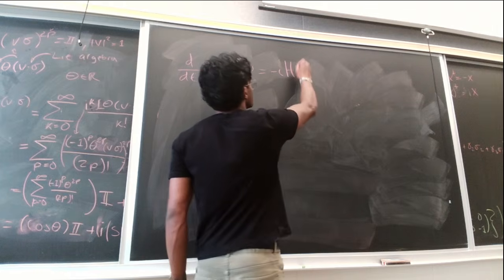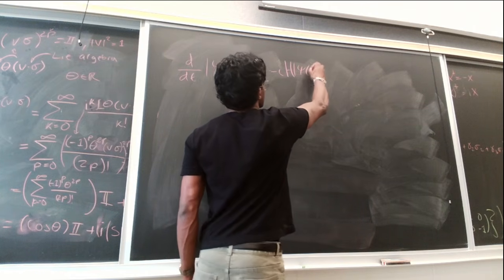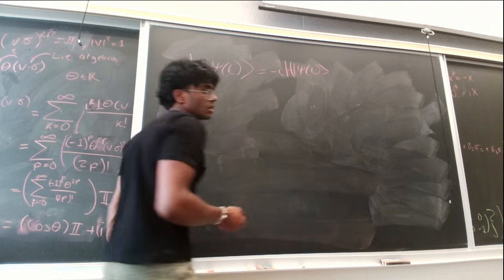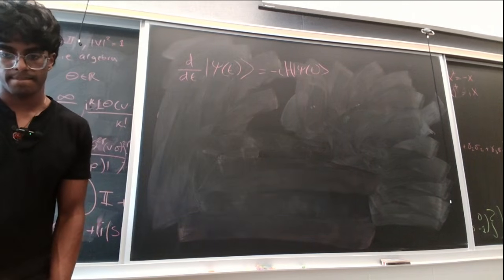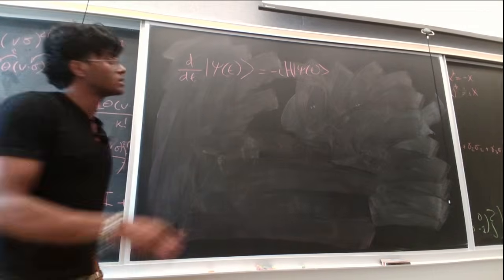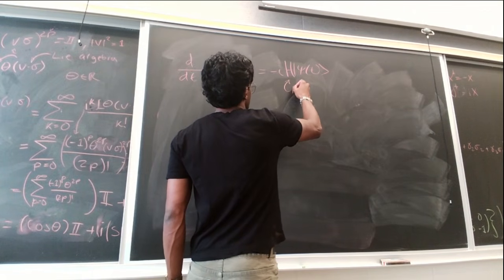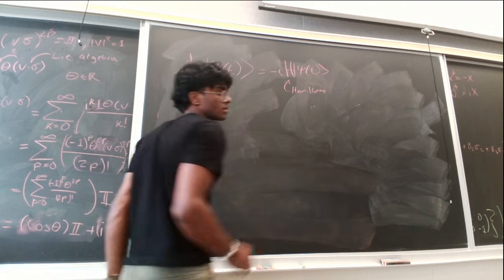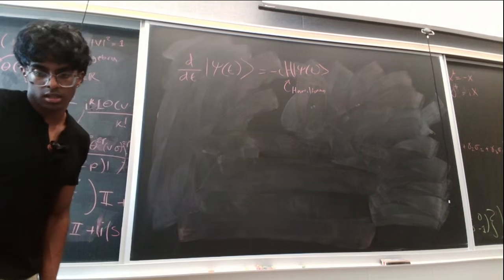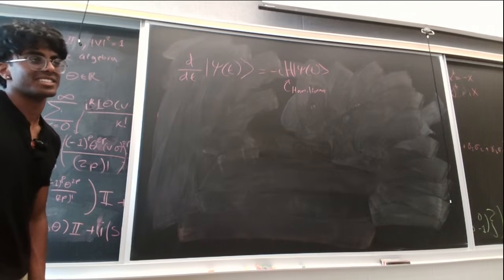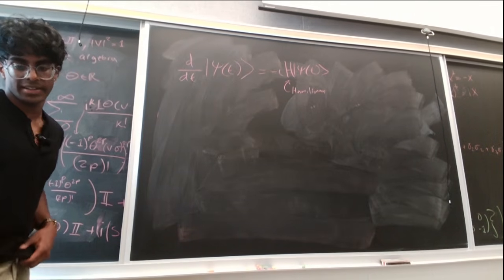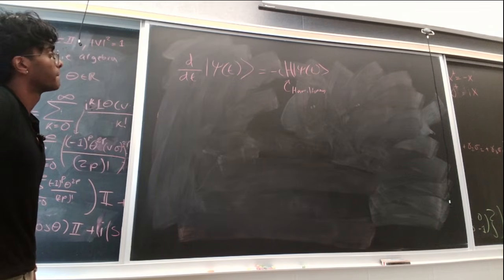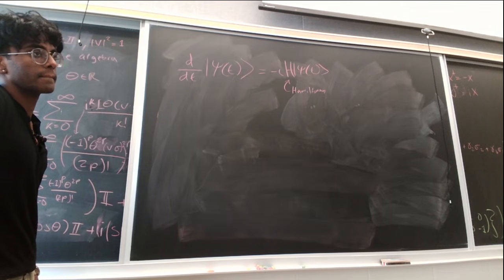This is the what equation, famously? Well, this is famously the Schrodinger equation. But now, looking at it this way, you can recognize that the Schrodinger equation is nothing but what?